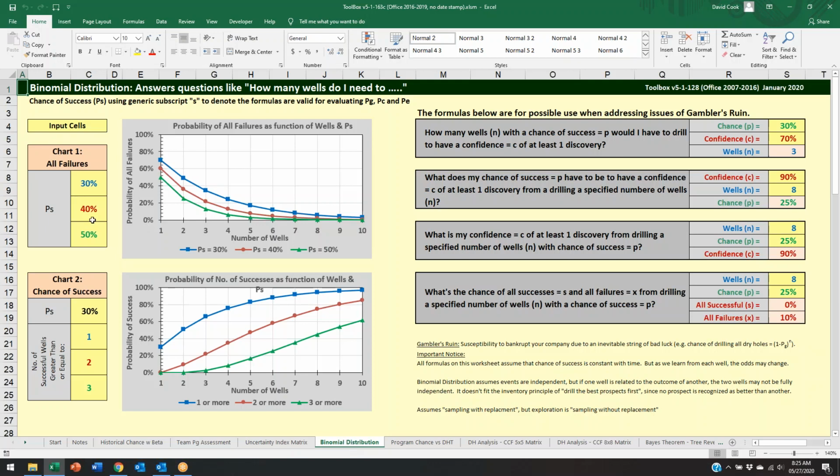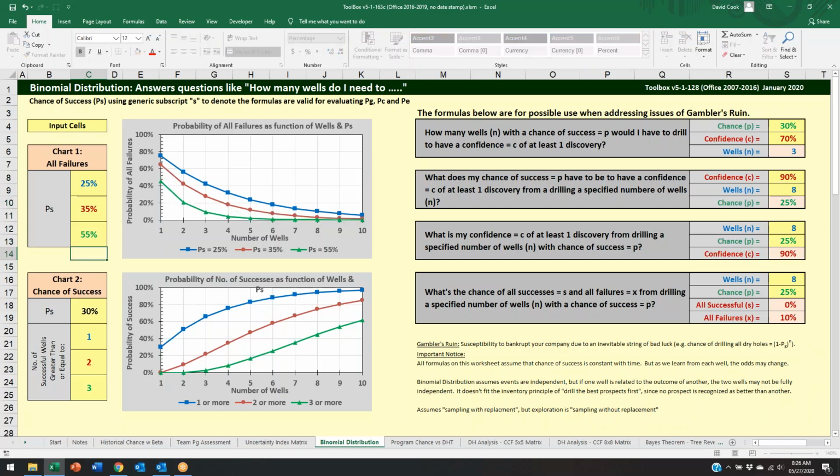The input cells are in yellow, so you can go in and say, I have an average Pg of 25%, 35%, and maybe 55%. Based upon those, you can ask what is the likelihood of all of the wells being failures.